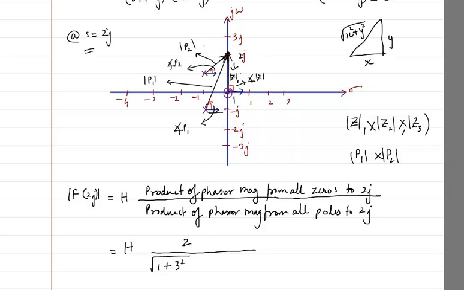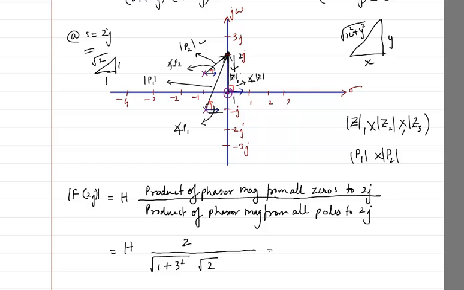And similarly, what about this P2? Again, if I draw the triangle, this one is 1 and this distance is again 1. So it is going to be the square root of 1 square plus 1 square, which is root 2. So I will write here root 2.